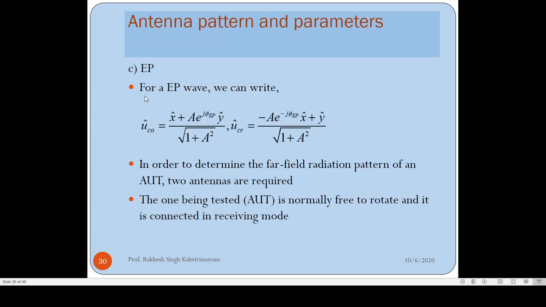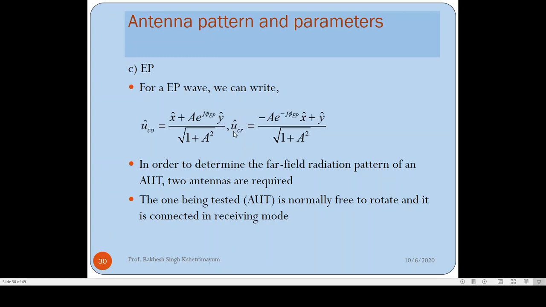Similarly, for the elliptically polarized wave, the co-component unit vector would be x hat plus a exponential j phi EP y hat divided by square root of 1 plus a squared. A is the amplitude of the y component of the wave. Phase is given by exponential j phi EP.